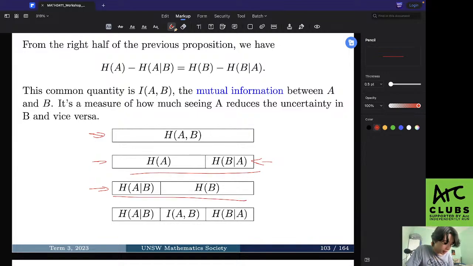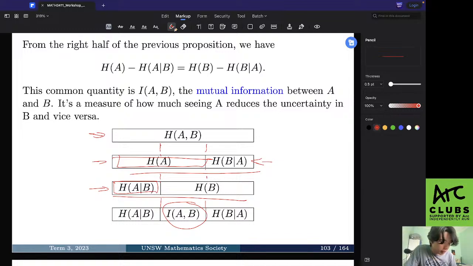We know something like this HA minus this HAB gives us the mutual information, and so on. So this just lets you come up with a bunch of different formulas to calculate each value if we know the other values.